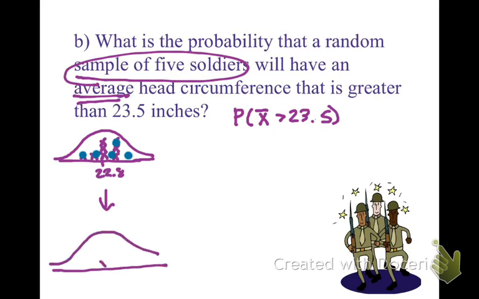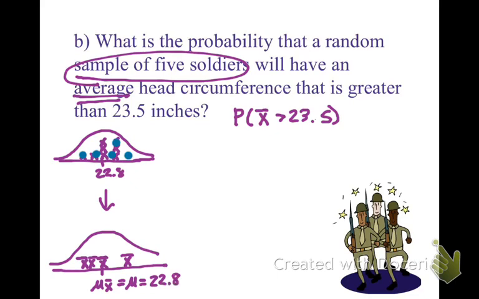So we could find the average of those 5 soldiers and we could get an X bar or a sample mean. And we could repeat this for every possible sample of size 5, and we would have a sampling distribution for sample means. Remember, the mean of our X bars, of our sample means, is just equal to the true mean of our population, 22.8.